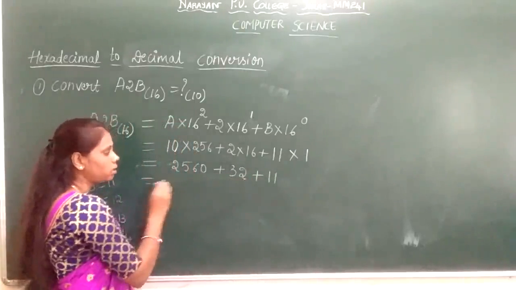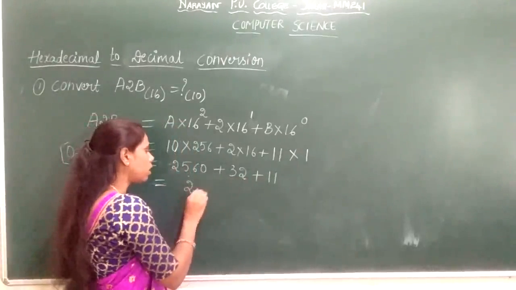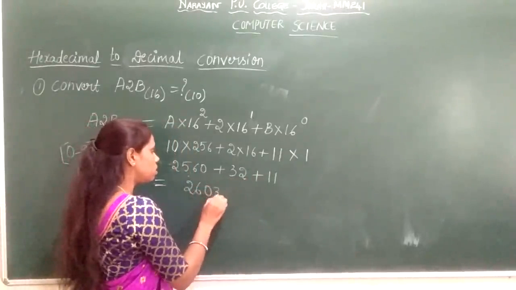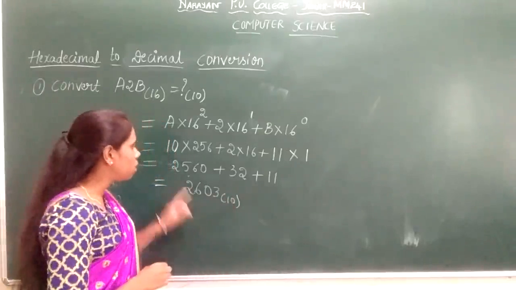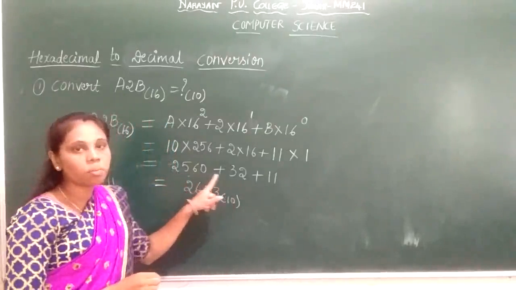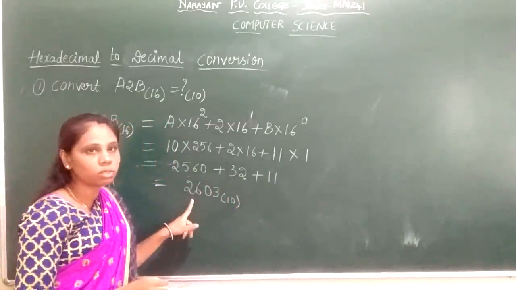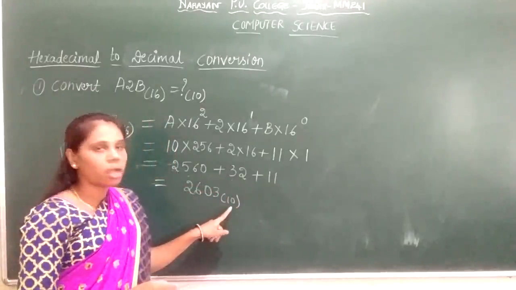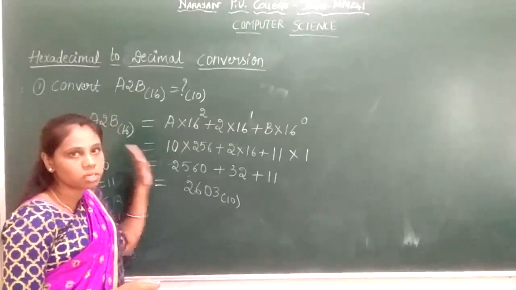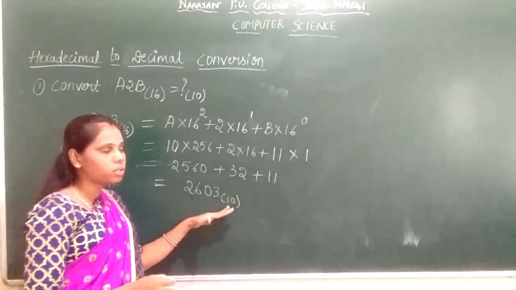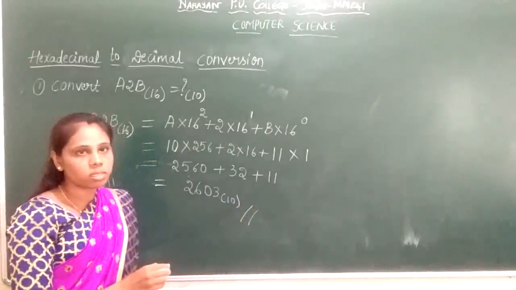Adding 2560 plus 32 plus 11, you will get the value 2603 and the base value is 10. Since we are converting from hexadecimal to decimal, the base value of this result is 10. Next we will see one more example.